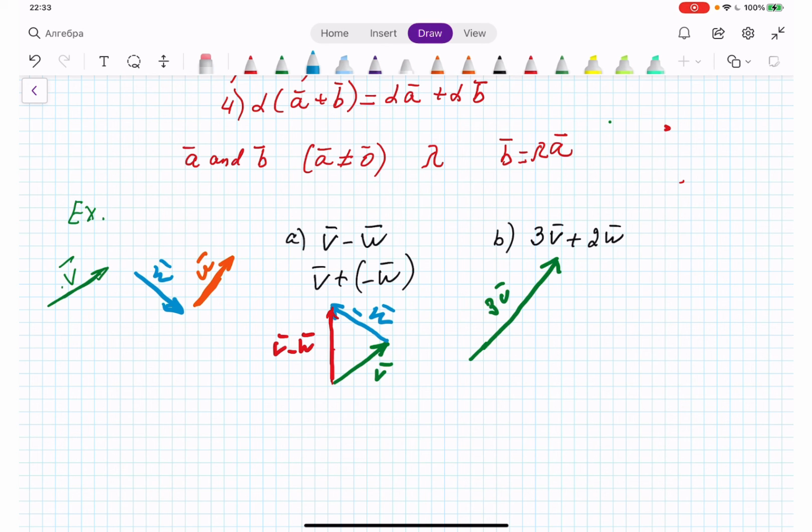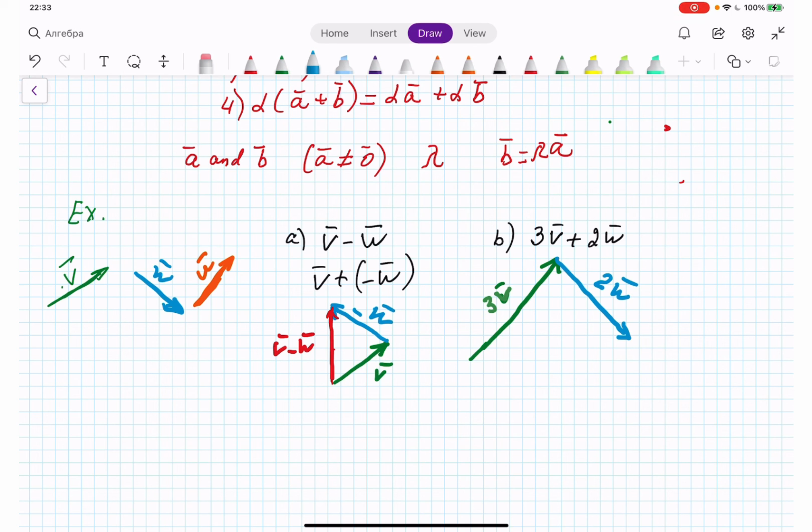Since it's the same direction, I'm drawing parallel from the end of the vector 3V, twice as long in size. Okay, this is 2W.